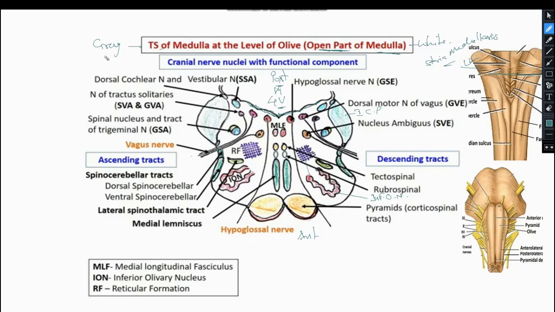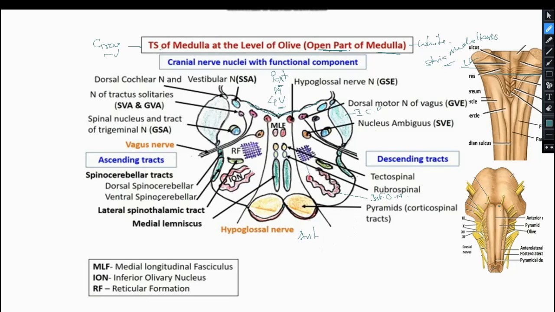So they are studied either in the gray matter or in the white matter. So all these where we have seen these nuclei, whether this dorsal cochlear nuclei, vestibular nuclei, all these nuclei, dorsal motor nucleus of vagus, and the nucleus ambiguus, and inferior olivary nucleus, they all are in the gray matter.